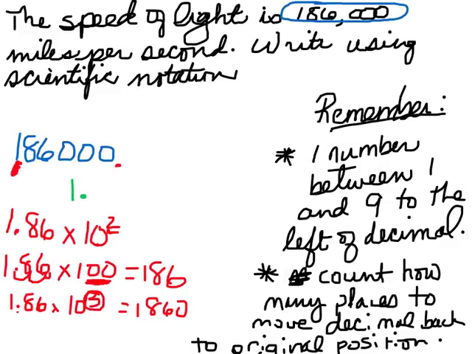If I write this as 1.86, and I want to make sure my number is equal to the number I started with, I count how many places I would move this decimal, which I just moved to between the 1 and the 8, to get it back to where it really goes. If I put it right here, I count 1, 2, 3, 4, 5. I have to jump over 5 spaces to get it back to where it really goes, don't I? So this exponent tells me how many place values to move the decimal point.